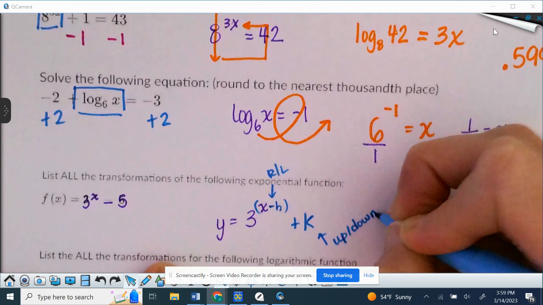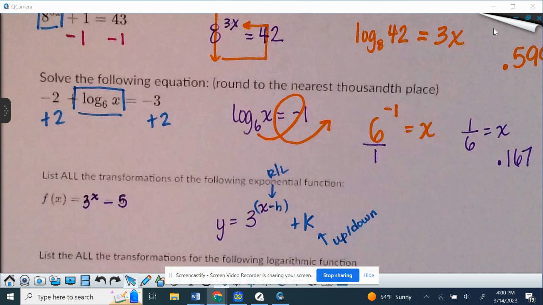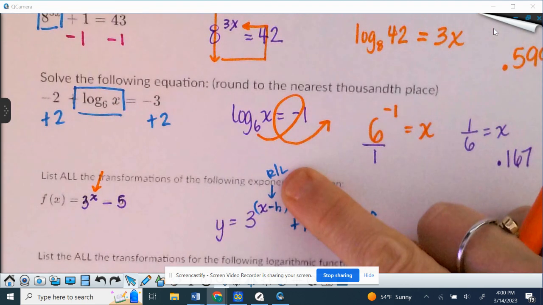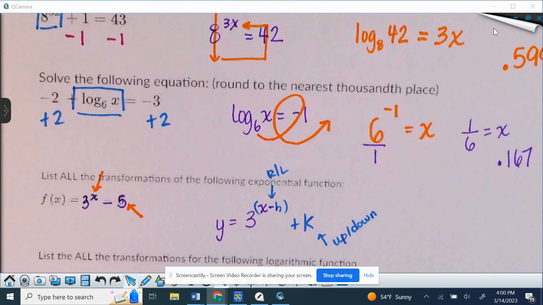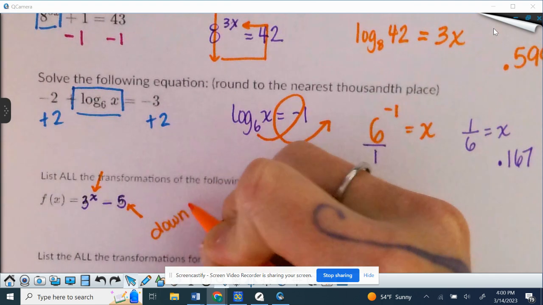So those of you who got this right, killed it. Those of you who didn't get it right, left it blank, which means I think you have no idea, and it is really that simple. There's nothing in the parentheses with the x, so it did not go left or right. There is only a k value, so this parent function, the exponential function 3 to the x, only went down 5.